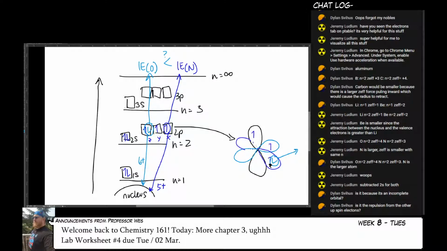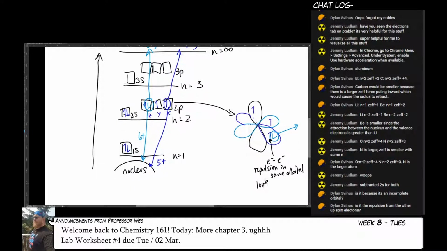So these two electrons are paired in the same orbital. And electrons can pair, but if they have an opportunity to not be paired, they'll repel each other. So electron-electron repulsion in the same orbital will lower ionization energy.